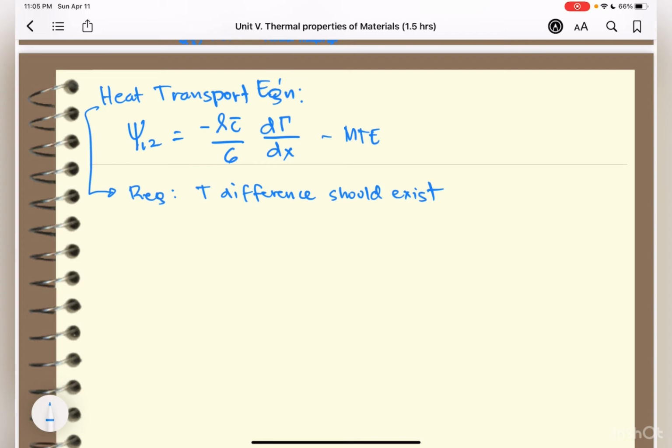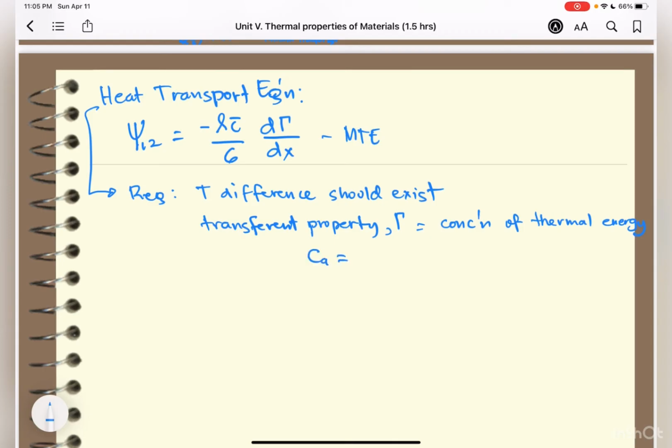Second, what is our transferent property? Gamma. There should be a concentration of thermal energy. What is that concentration?